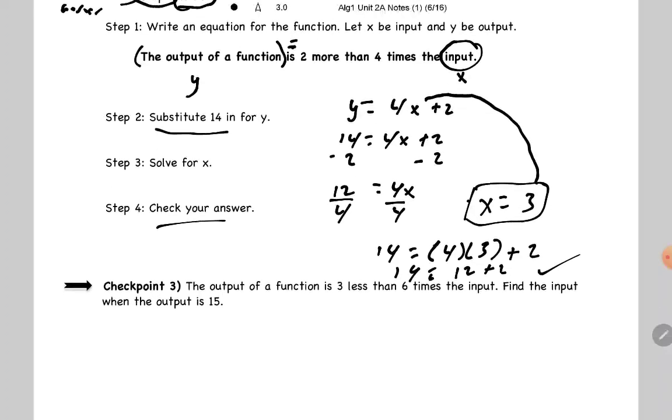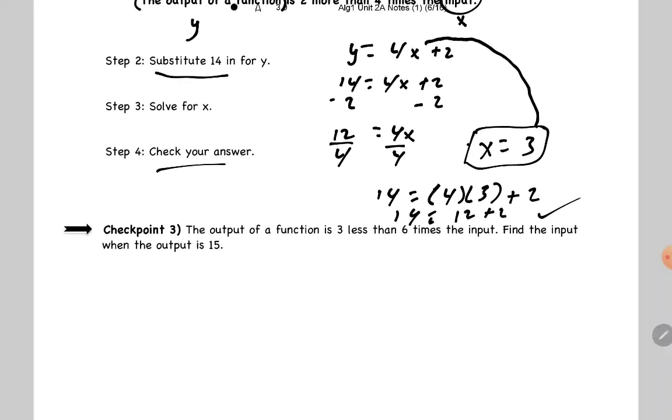Alright, one more for here. The output of a function, let's just say y, equals, so is equals, 3 less than 6 times the input, so 6x minus 3.